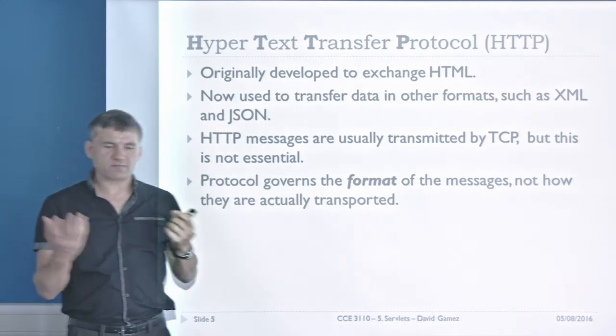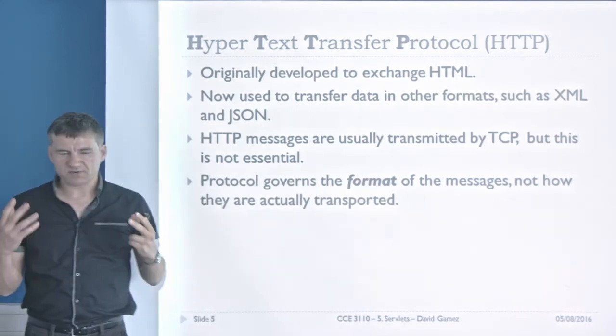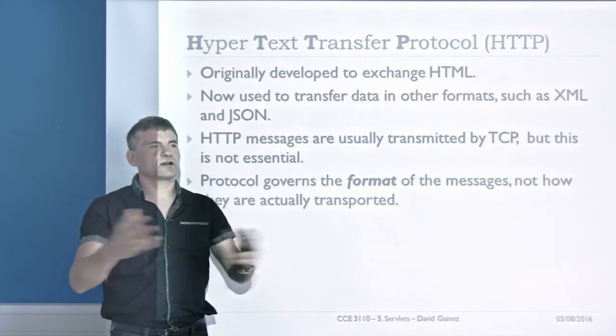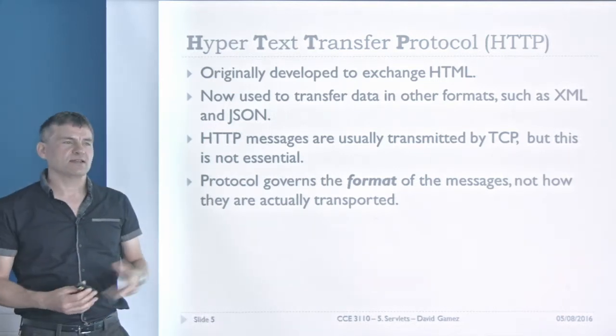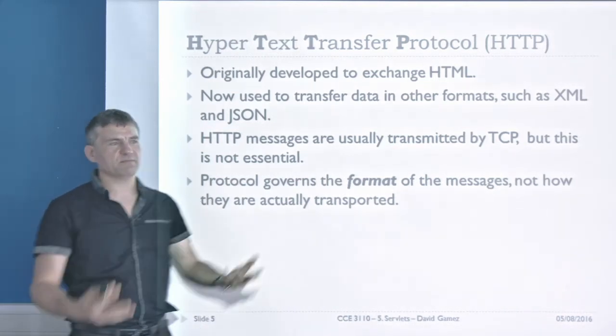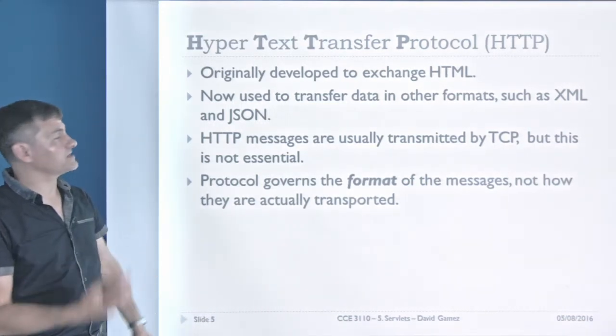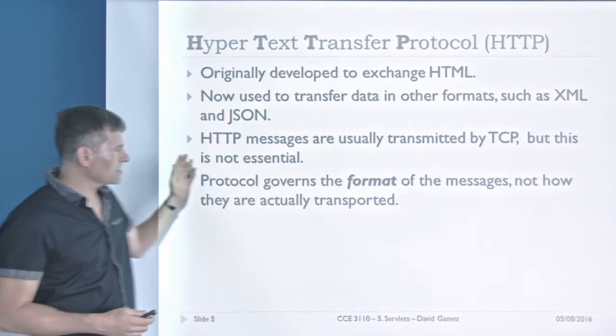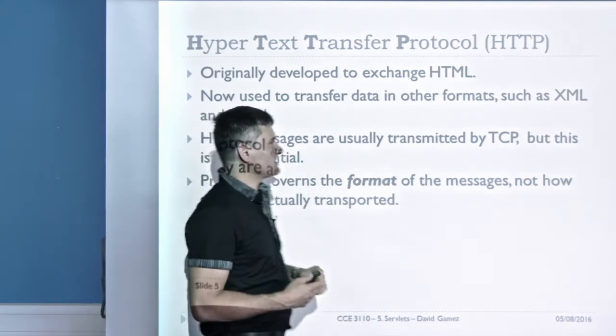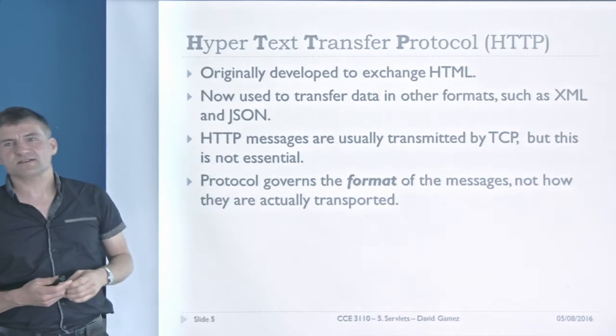It's an incredibly simple and convenient protocol that will work across a wide range of systems and has a wide range of applications. So it's expanded beyond the narrow limits of just sending HTML or images across the net. HTTP is usually transmitted by TCP, but as I said, this is in no way essential.